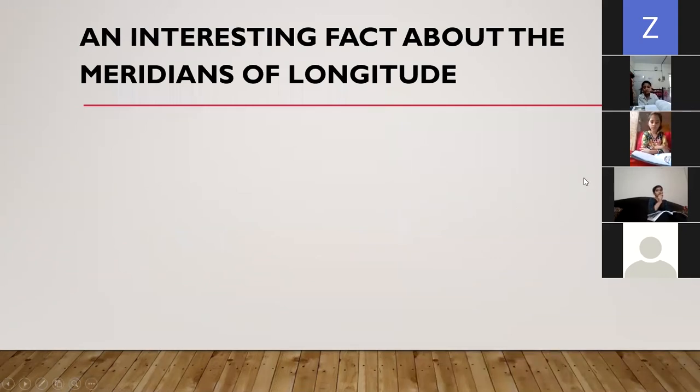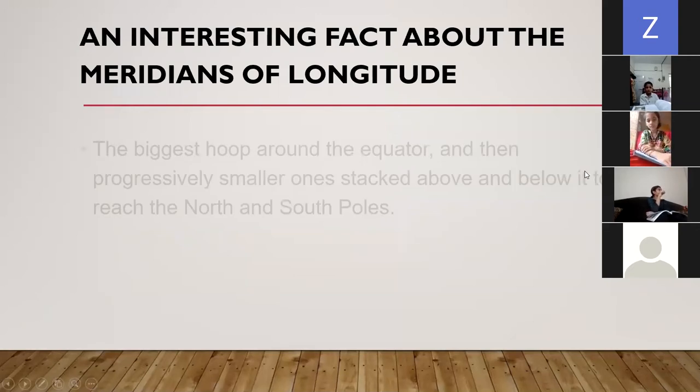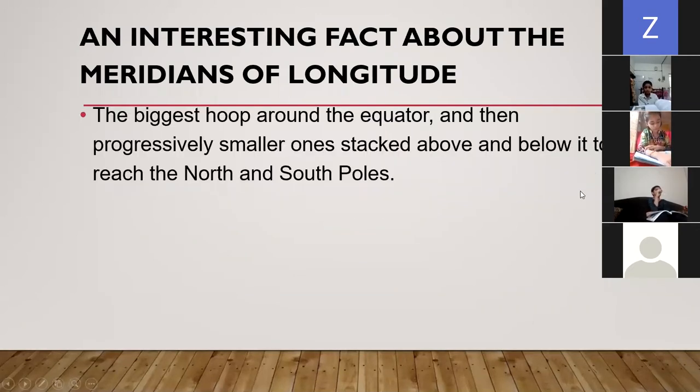Okay, so let's talk about the longitudes, meridians of longitude. Yesterday we discussed the equator, that special line which divides our planet Earth into two hemispheres. The upper hemisphere is the northern hemisphere.